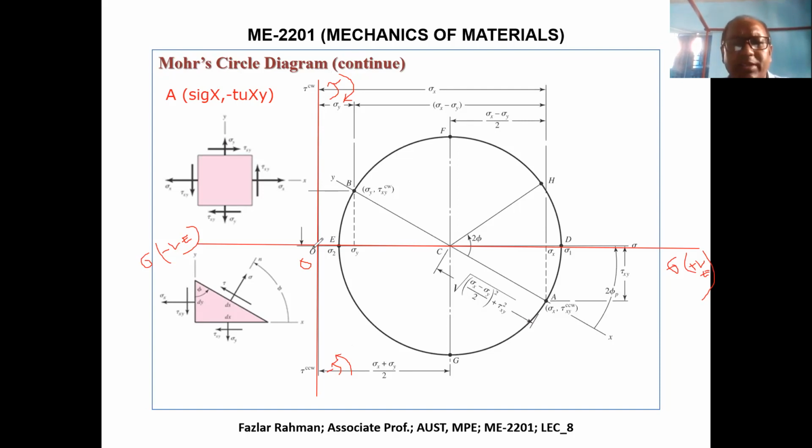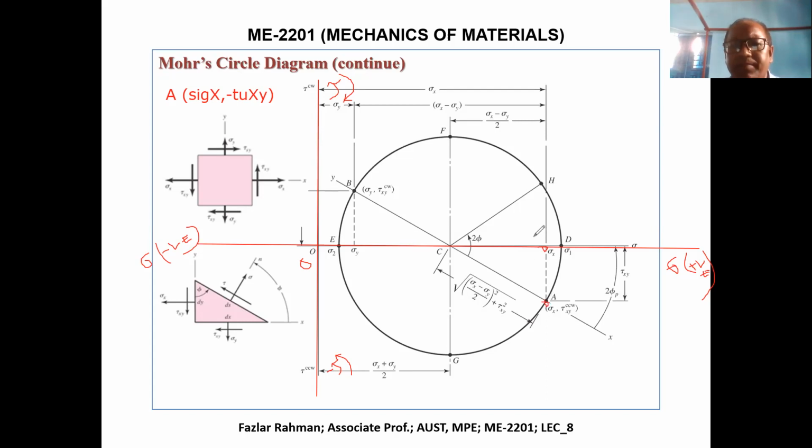From the origin, can I go left side? No, because this is a positive value. So I have to go right side. Say I came right over here. This is my sigma x, right? Then what is the y coordinate? Minus tau. So I have to go downward because downward is negative. So downward, I come right over here. This is my point A.